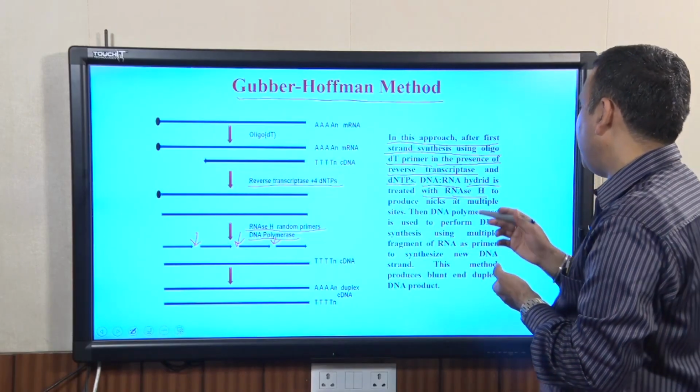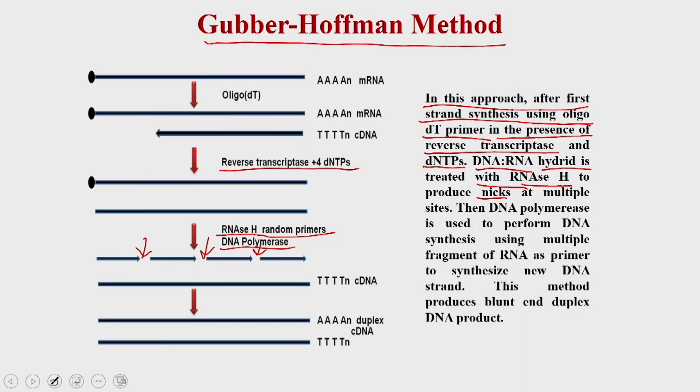So, it produces nicks at multiple sites, that is what you see here, and the remaining RNA can be used as a primer for the DNA polymerase.